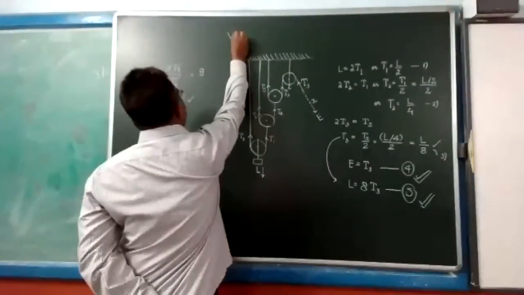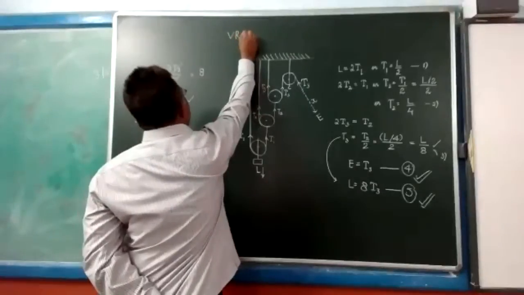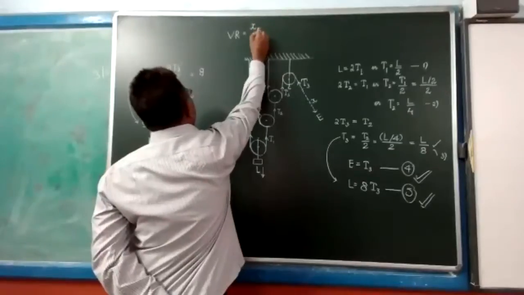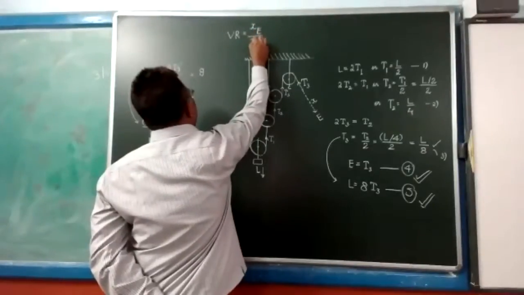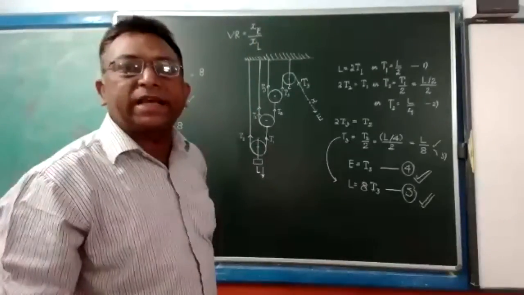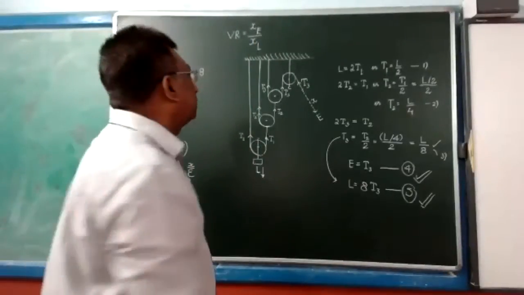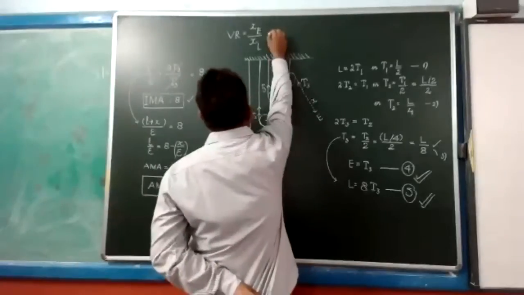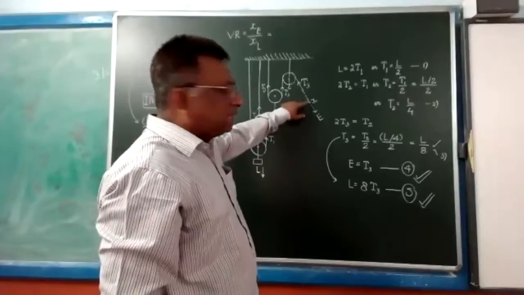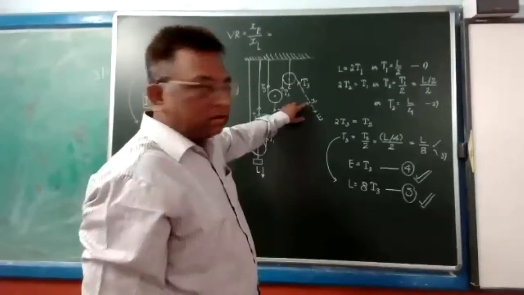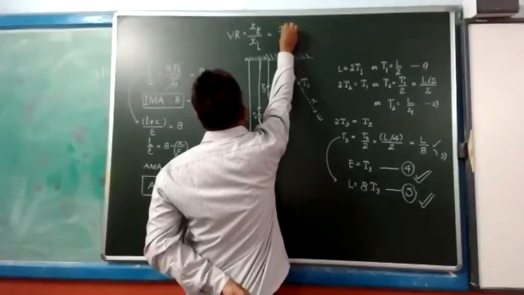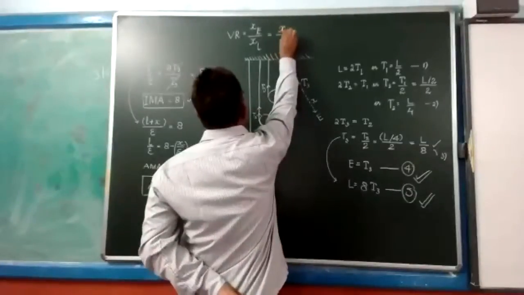Velocity ratio is equal to effort distance upon load distance, x_E upon x_L. Clear? I have supposed that the effort is applied through a distance small x, so we can write small x in place of x_E.